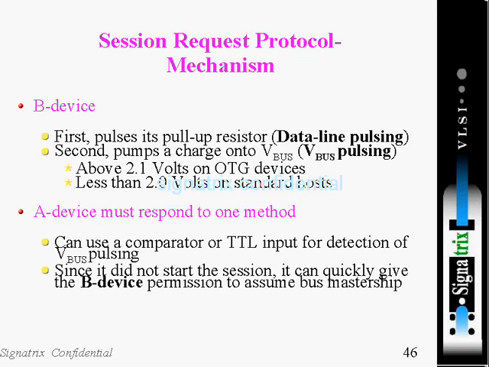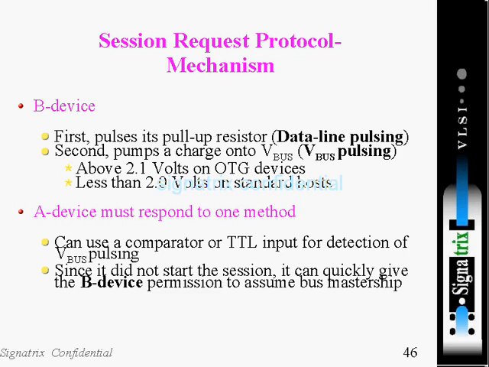VBus pulsing means that B device will charge VBus to a particular voltage level that is less than 2.0 volts. And how will the A device respond to this SRP request? A device can use a comparator or TTL input for detection of VBus pulsing.